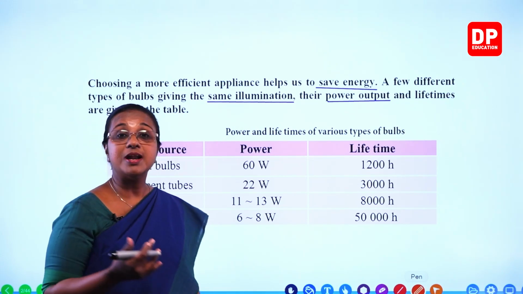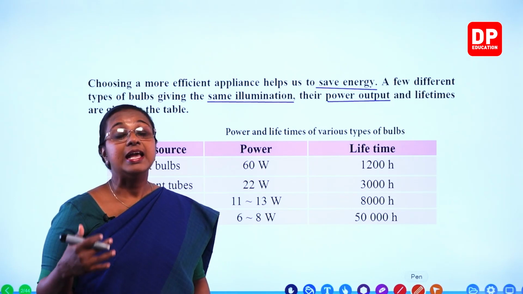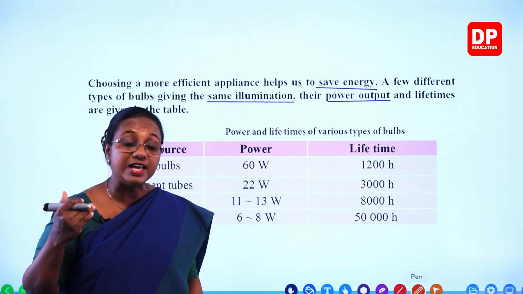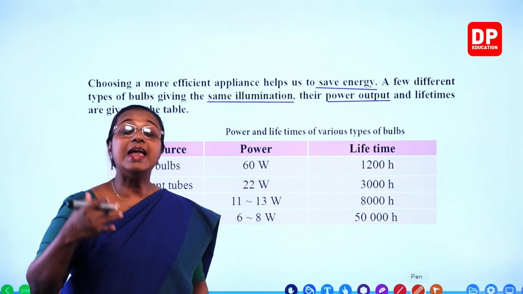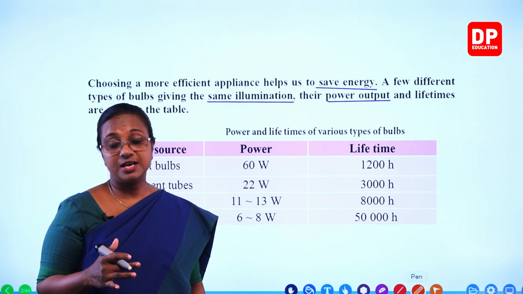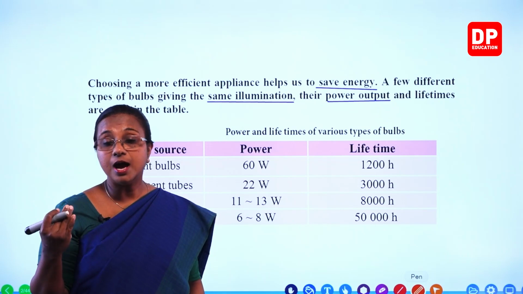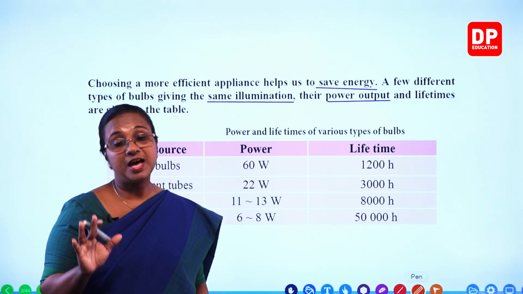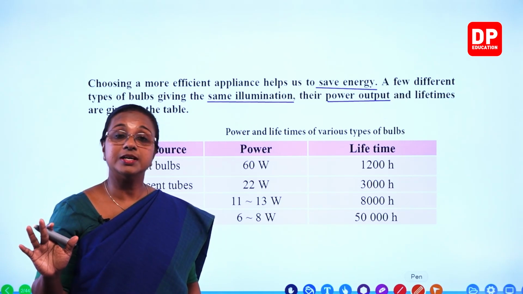So what can you understand from that? LED bulbs are energy efficient. They consume very little power and they have a very long lifetime. So obviously they are more efficient. At the same time, there is something else that you need to consider.